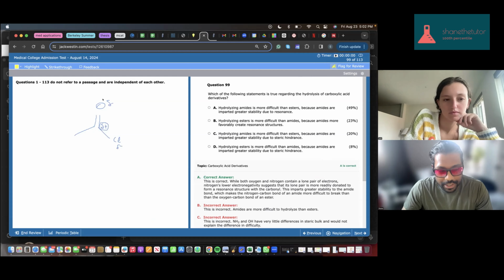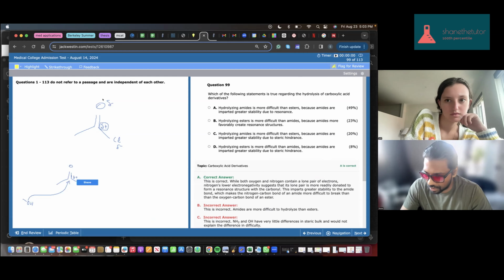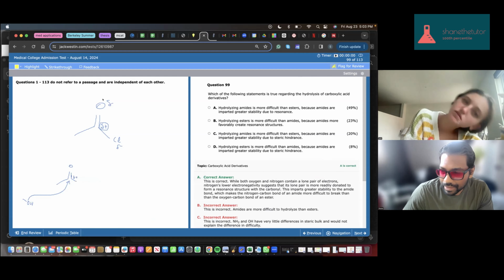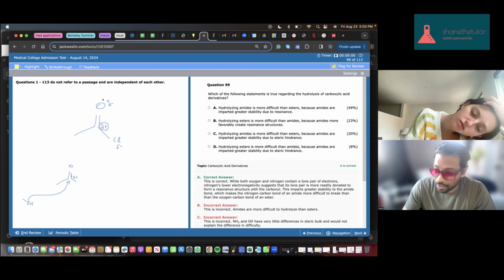Right? Because the entire reason why this is a good electrophile, for instance, when we have hydroxyl attack it, is because it has that partial positive charge on the carbon. If it didn't, it wouldn't attack it.